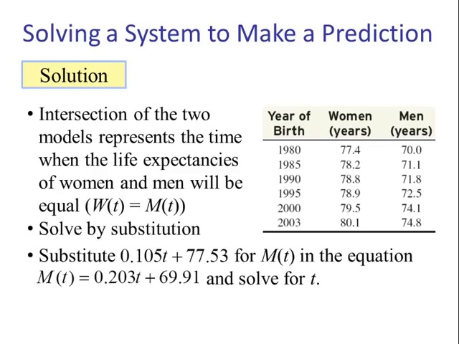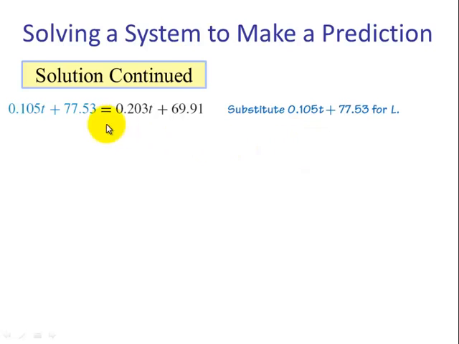We substitute the expression 0.105 t plus 77.53 for W of t in the equation M of t equals 0.203 t plus 69.91, and we solve for t. So basically we are setting the two expressions equal to each other. Here we have the expression for life expectancies for women equal to the life expectancies for men.